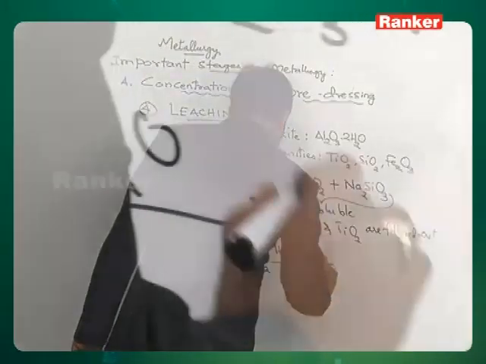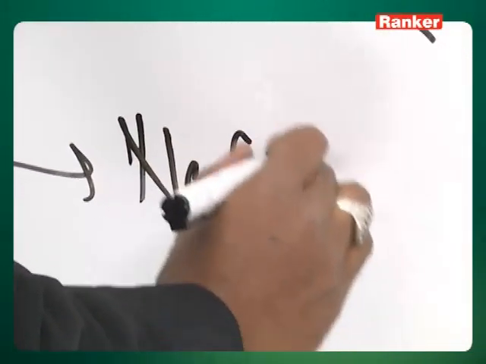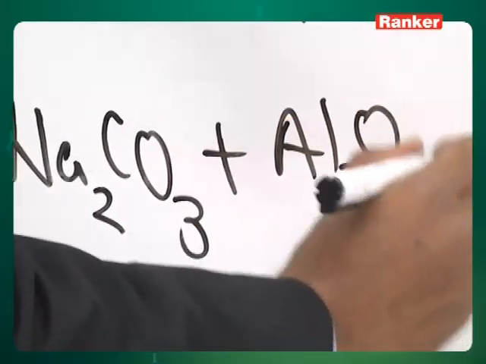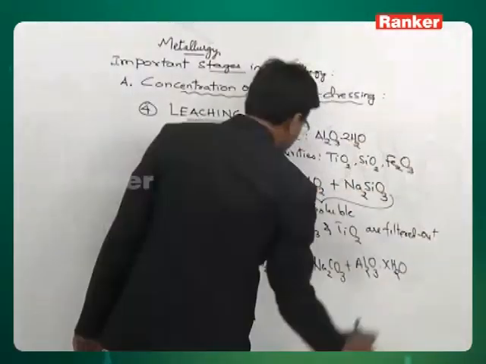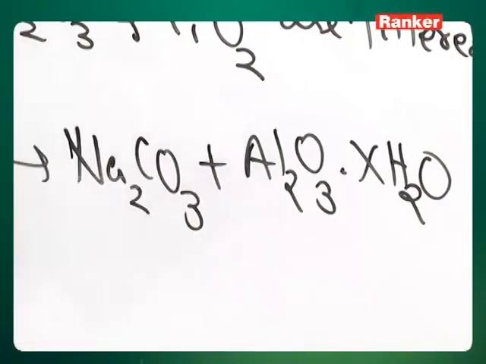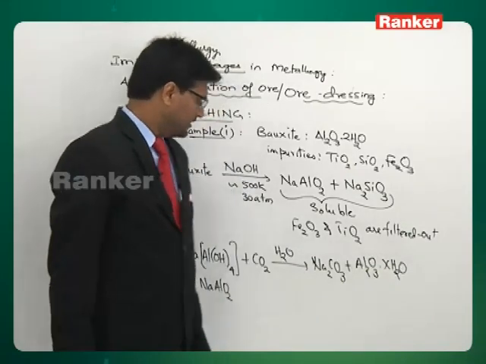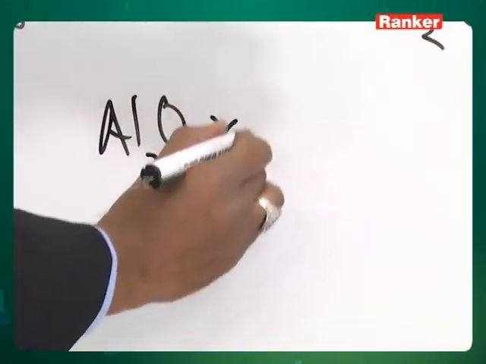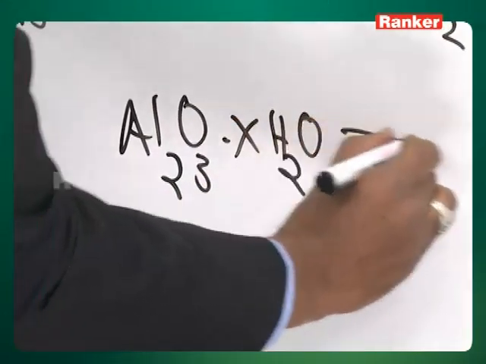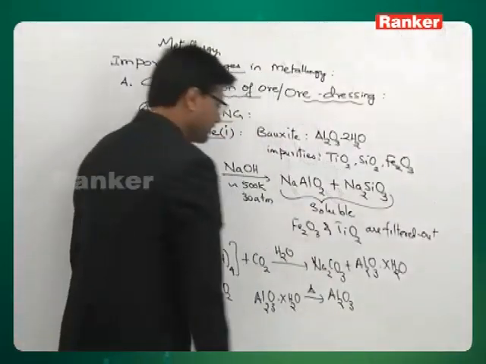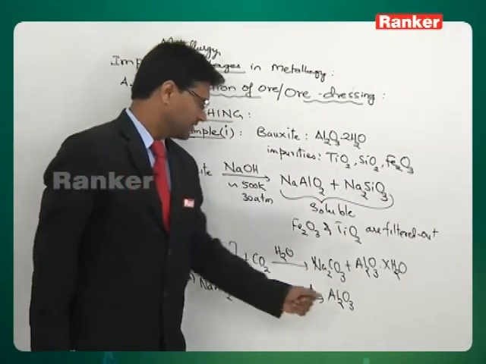Then you get Na2CO3. You also get Al2O3.XH2O. This can also be represented as Al(OH)3, aluminum hydroxide. Then this substance, Al2O3.XH2O, is ignited and you get anhydrous Al2O3. This is the purified bauxite.